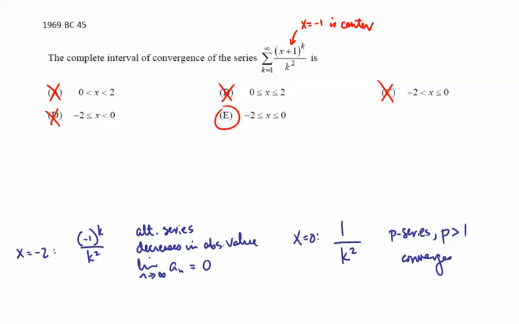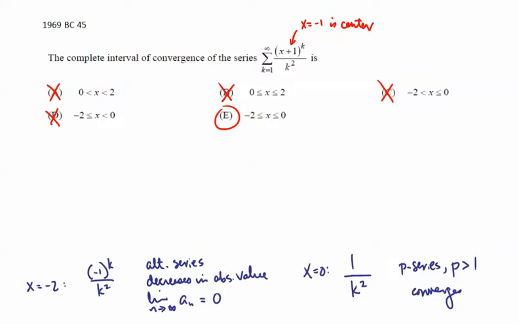So again, just for instructional purposes, I will go through how to find the interior of the interval of convergence, the way you would normally have to show this on a free response question.